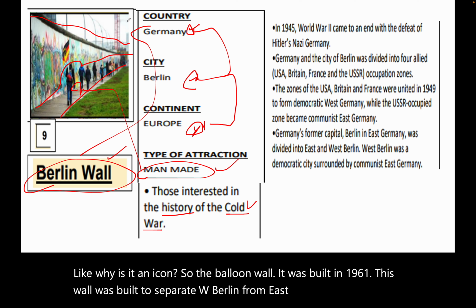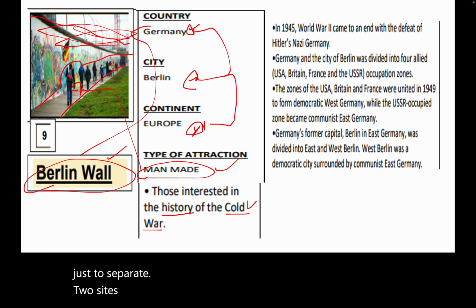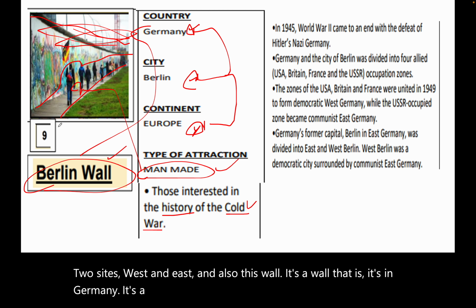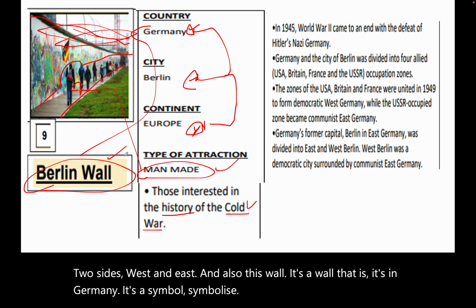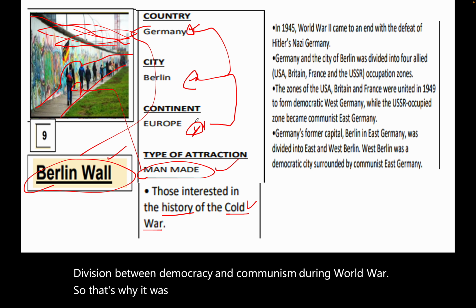It was built just to separate two sides, West and East. This wall symbolizes the division between democracy and communism during the Cold War. That's why it was selected as an icon.